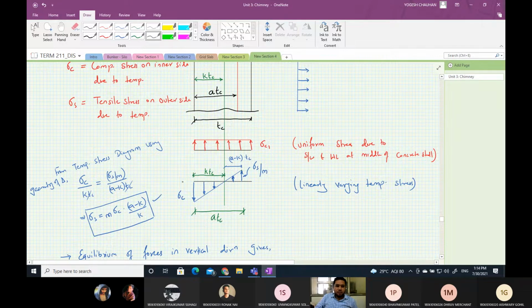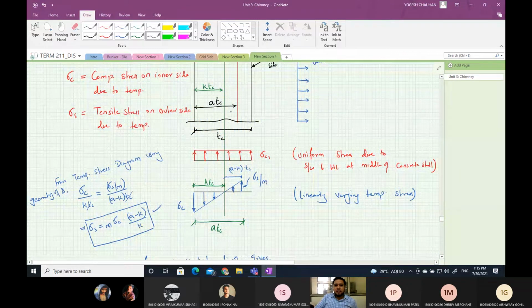Just apply the triangle rule: this side upon this side is proportional to this side upon this side. So sigma c by k times tc is proportional to sigma s by m divided by (a minus k) times tc, where tc is the thickness of the wall, a times tc is the distance of the steel from the inner side, and k times tc is the distance of the neutral axis from the inner side.